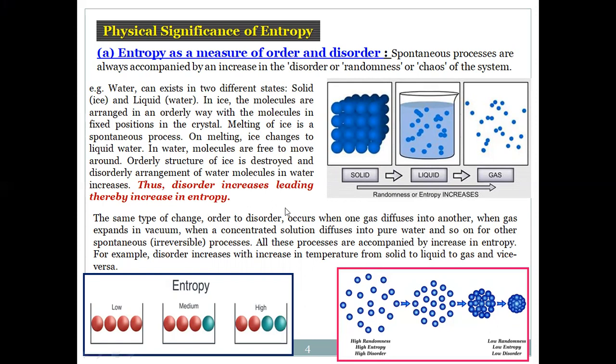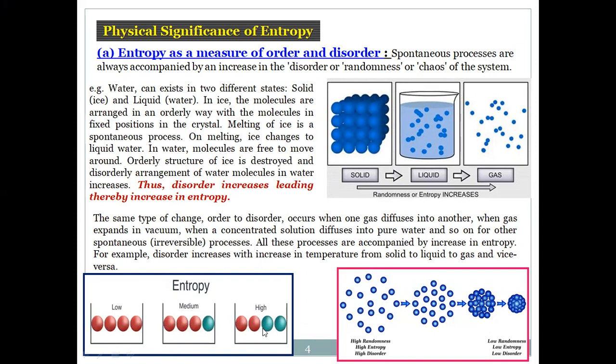In the same way, when one gas diffuses into another, or one liquid diffuses into another liquid, entropy increases because we are disturbing its ordered state. If one liquid contains the same molecules and we add another liquid into it, then its overall order will be disturbed and entropy will be medium.